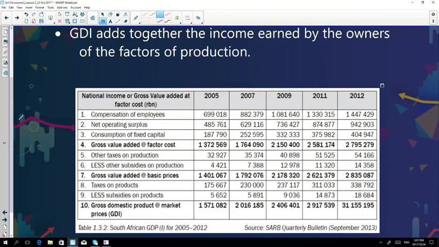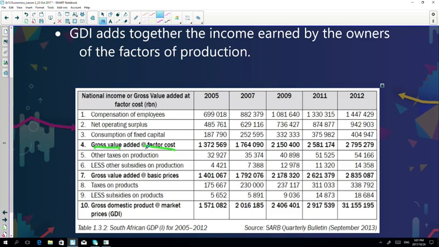So let's have a look at this table. You've got the national income, or the gross value added at factor cost. We've got the compensation of employees, the net operating surplus, and consumption of fixed capital. All of that will give us our gross value added at factor cost.